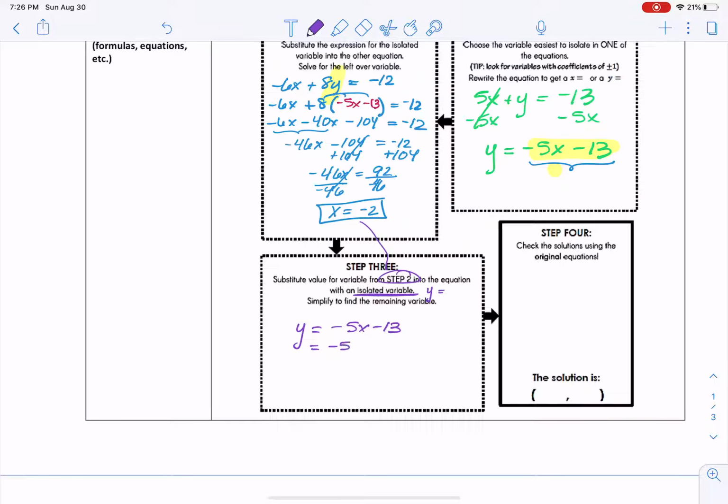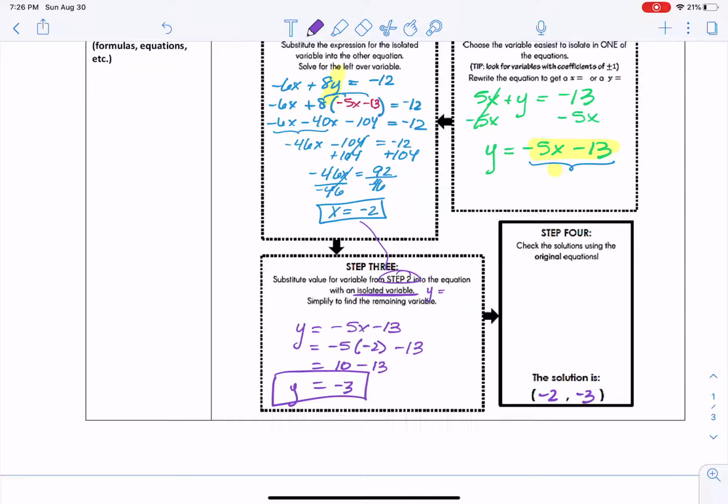So negative 5 times negative 2 from up here minus 13. That's 10 minus 13. That's negative 3. So my solution should be negative 2, negative 3.